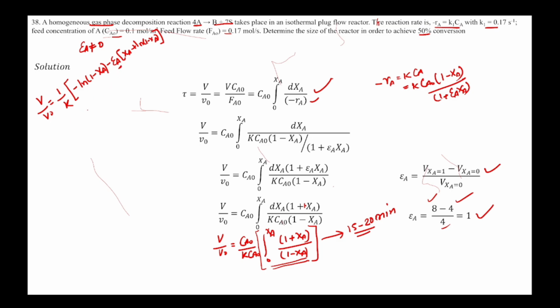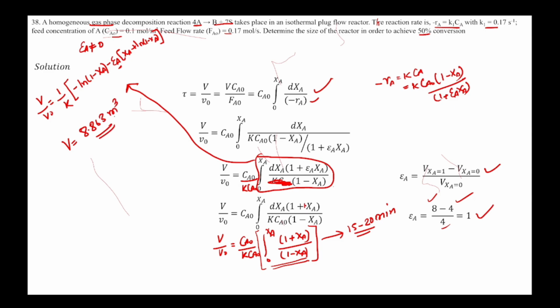This is the direct integration of this. If you take K CA naught outside, then this whole integration value is this. Now put epsilon A equal to 1 here. So when you solve, volume is equal to 8.863 meter cube. All the other values you have.